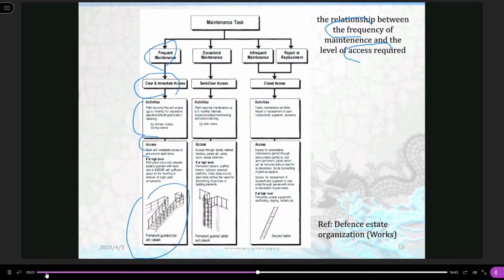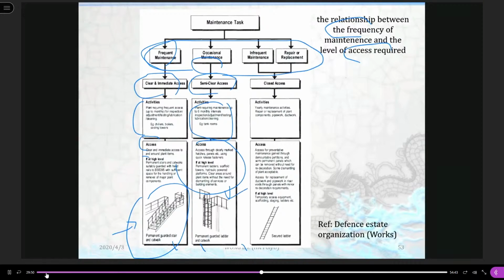In the figures, it doesn't mean we must provide this, but to give us some idea, the different levels of access relate to the frequency of the maintenance work required. For occasional frequency, a semi-clear access is required, such as discount activities and the example.